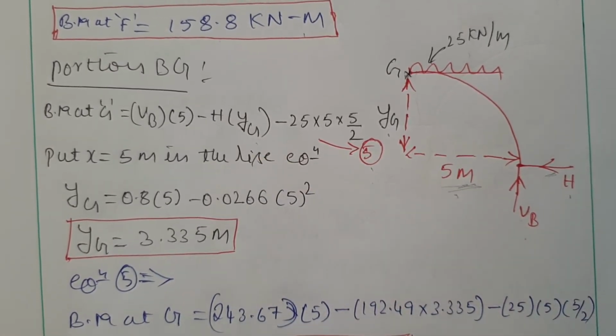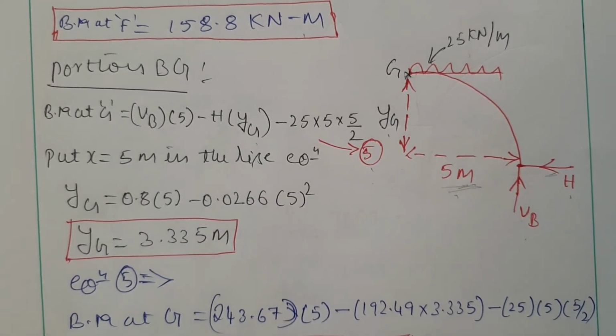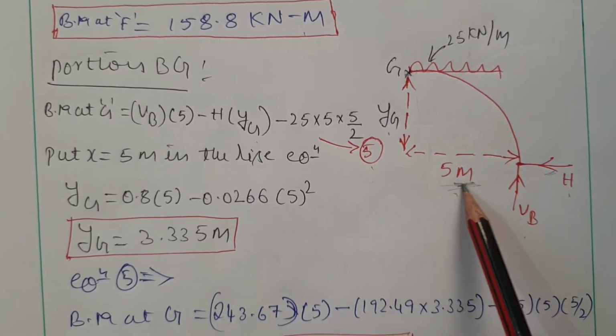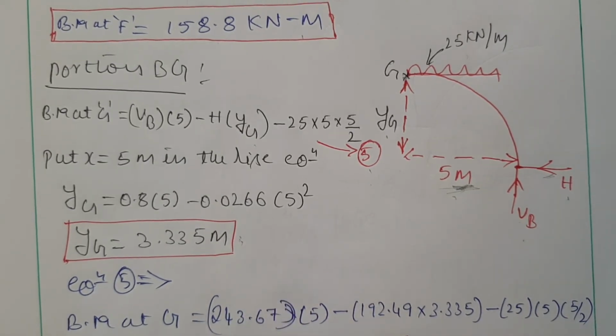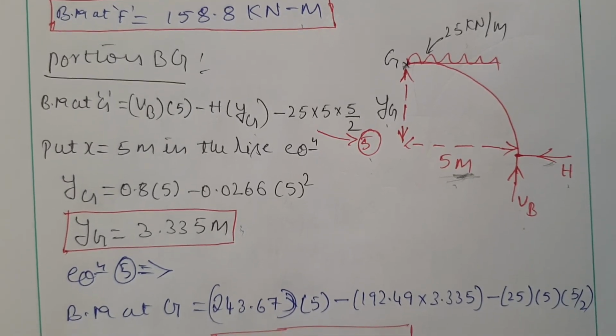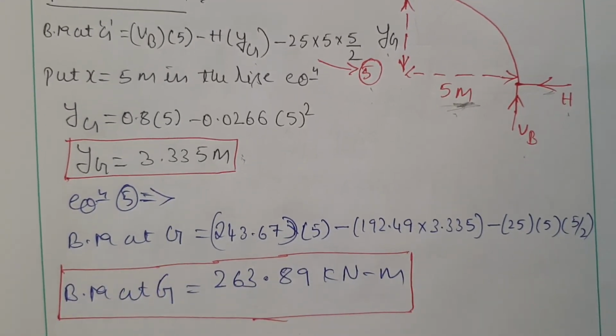In order to find YG, we know the rise equation. Substitute the x value as 5 meter in the rise equation, then we can easily find the YG value. It is 3.335 meter. Substitute the YG value in equation 5, then you can easily find the bending moment acting at point G, that is 263.89 kilonewton meter.